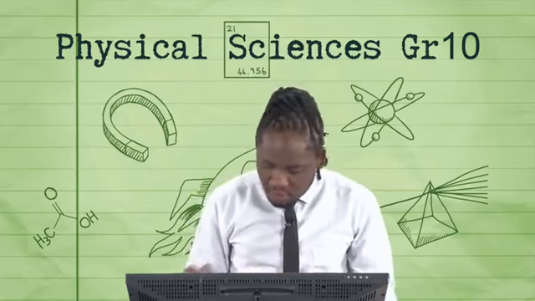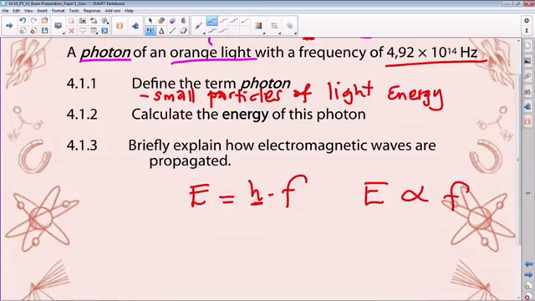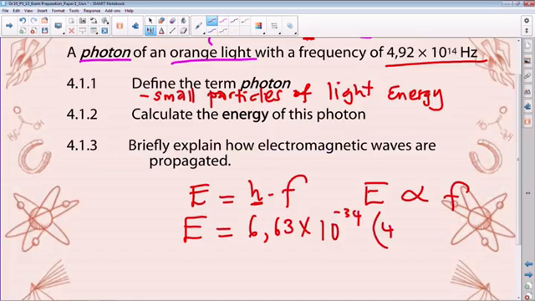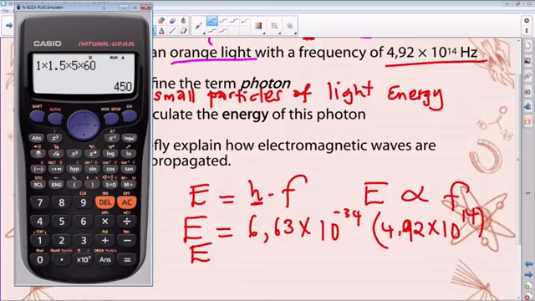Right. So if we go back to our formula, which will be given, energy of photon is equal to Planck's constant, 6,63, always given, times 10 exponent negative 34, multiplied by the frequency, which is 4,92 times 10 exponent 14. So we multiply them. So E equals, use your calculator. I want you to watch carefully, because when it comes to scientific notation, it becomes a problem for many learners.